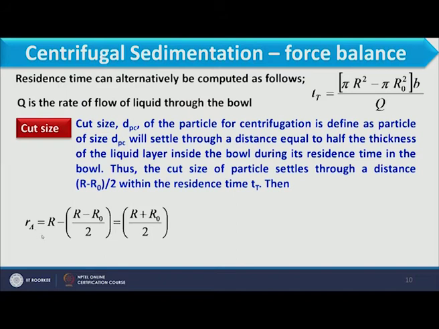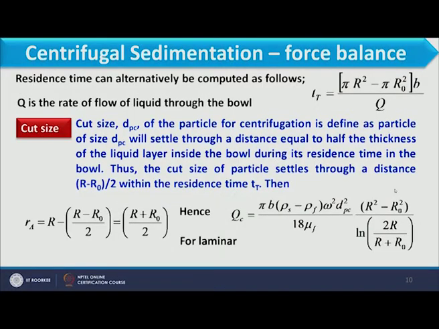In that case, Ra should be capital R minus R naught by 2. So this is the total radius of the bowl, and this is the distance they will move. While solving this, we can consider this particular expression where Ra is nothing but the distance of half of the layer, and Rb would be the capital R in that case, if we consider the cut diameter.